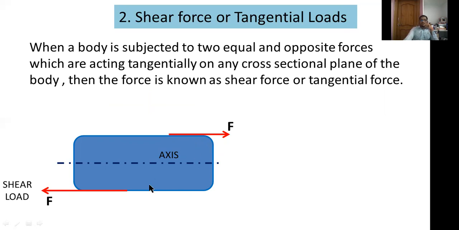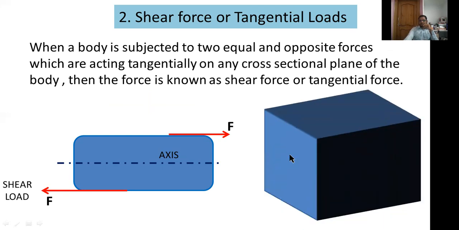These two forces are not acting on planes, they just touch the outer surface of the body. So these two forces are called shear force or tangential forces.